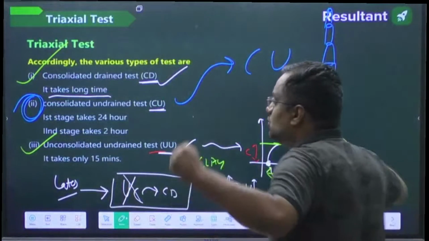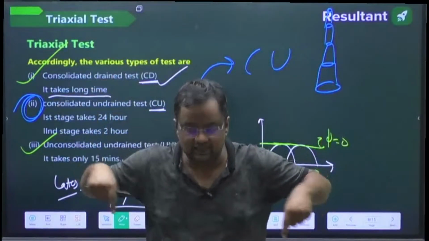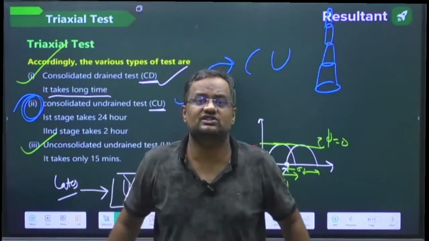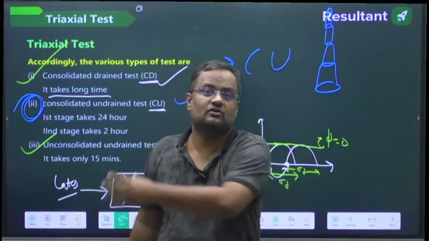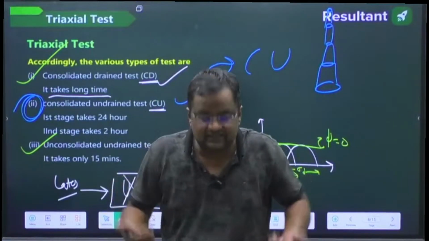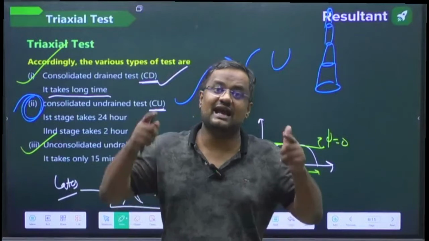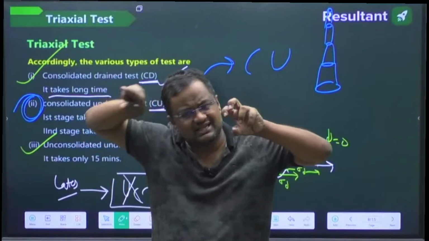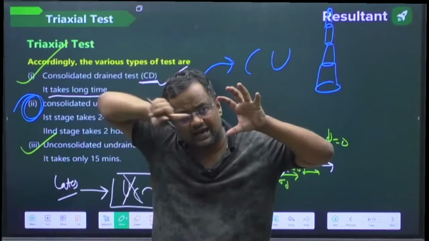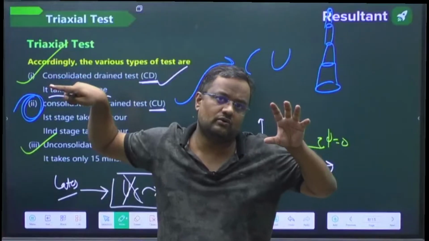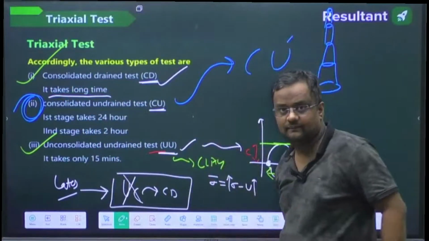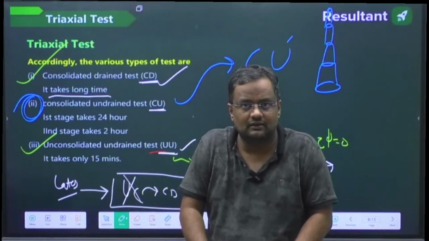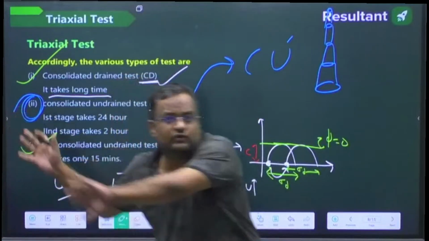That means Qutub Minar is applying some load on the soil at the bottom, so consolidation is happening. But when the load is suddenly decreased because the top two floors came down, the water will not come out, so at that time it will be undrained. I'm telling again, suppose you have applied the load, consolidation is happening, and suddenly you remove 2 meters of soil.